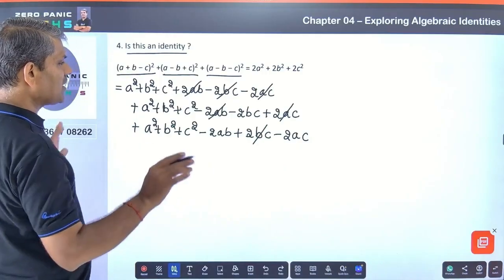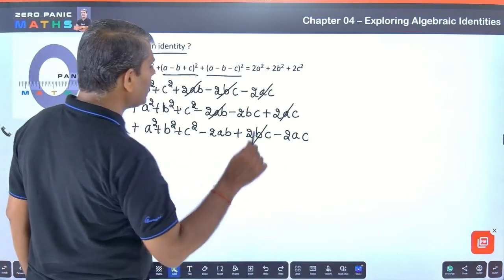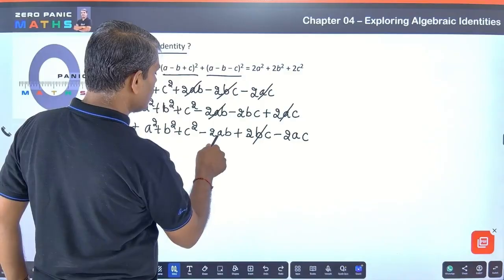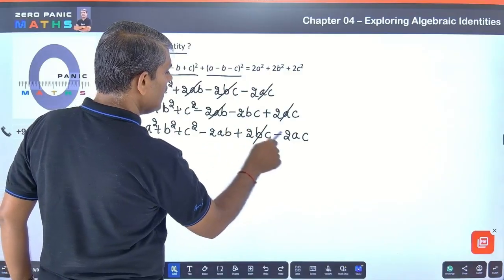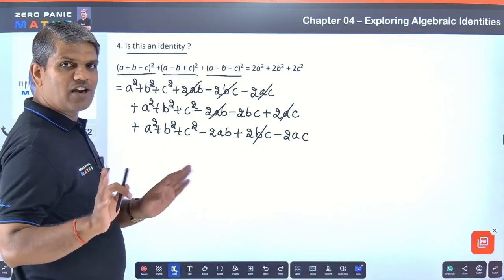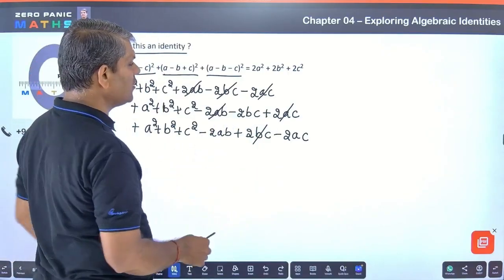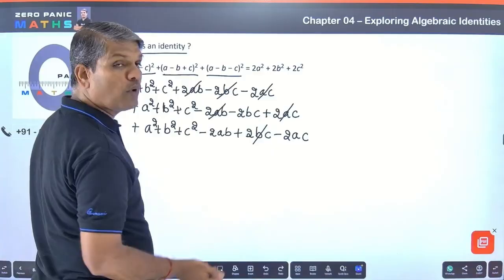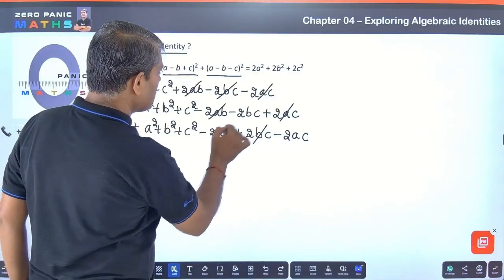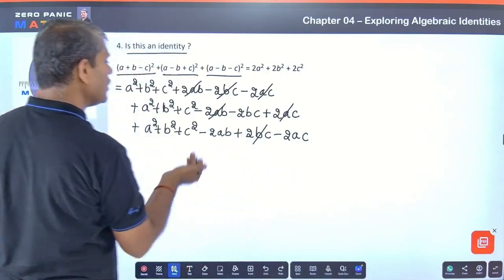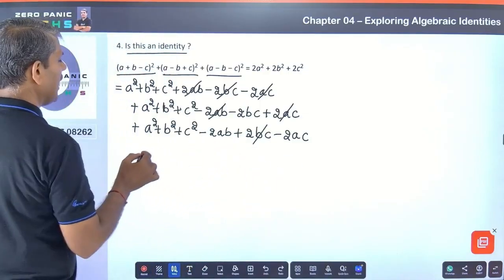So all these terms got cancelled, and what remained is minus 2ab, minus 2bc, minus 2ac. There are no positive terms to cancel these products, so I have to keep those products like that only.